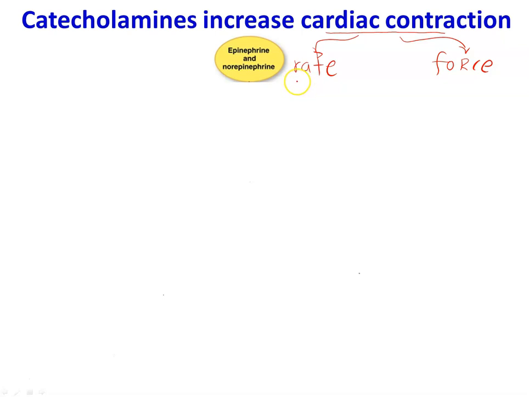Okay, and if we need more blood pumped throughout the body, I can increase heart rate, which gives us more cardiac cycles per unit time. Okay, now remember, cardiac cycle is one systole and diastole. Okay, so one contraction, one relaxation.